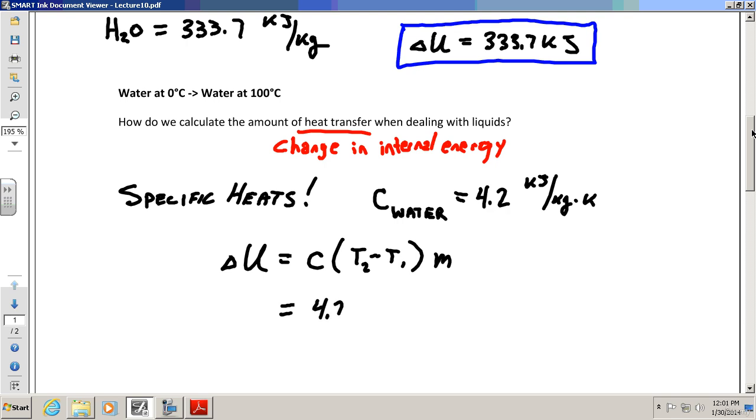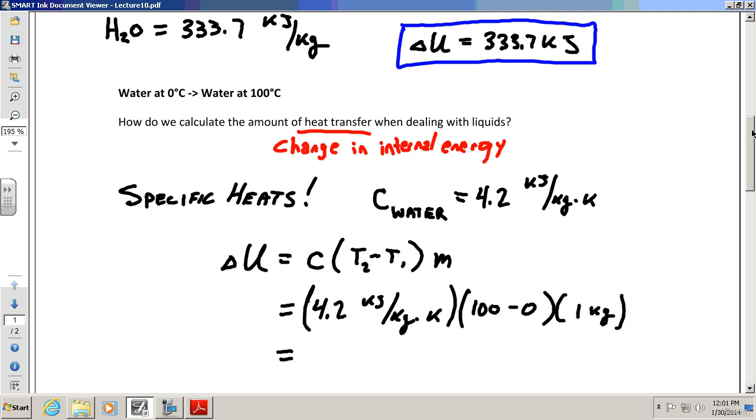The specific heat is 4.2 kilojoules per kilogram K, the change in temperature is 100 minus 0, and the mass is 1 kilogram. So the math is very simple. This is going to be 420 kilojoules.